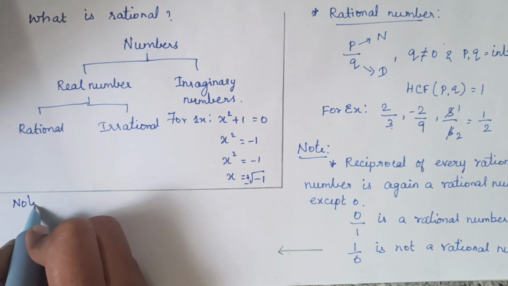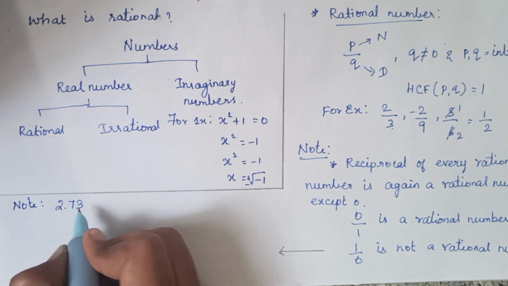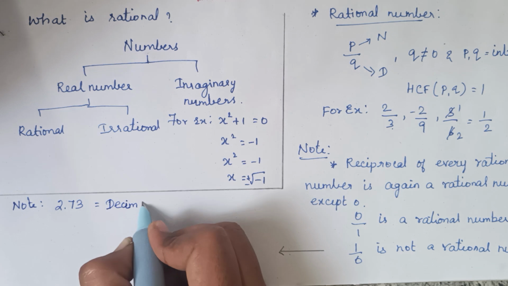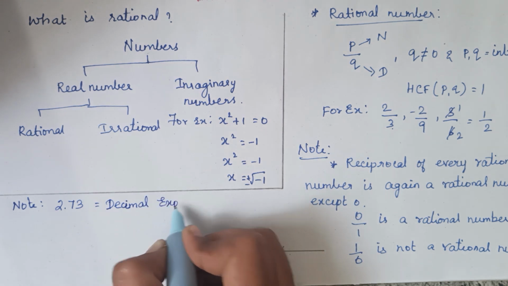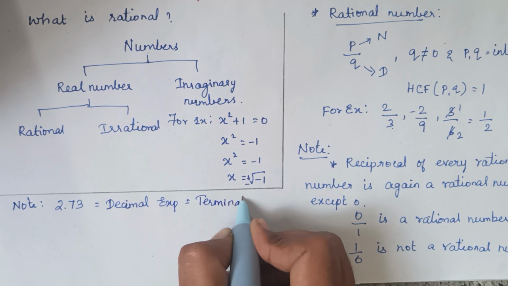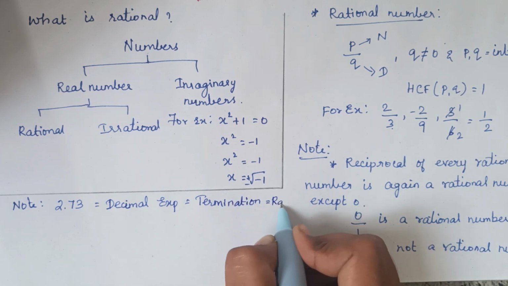And note that 2.73 is a decimal, a terminating decimal number, and it will be considered as a rational number. Okay, 2.73 is a decimal number.